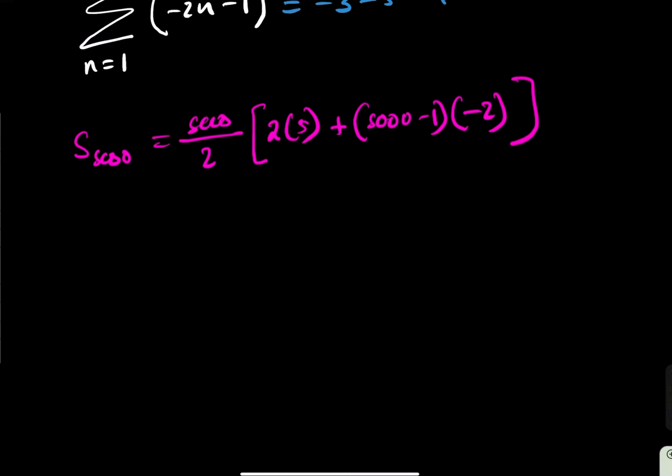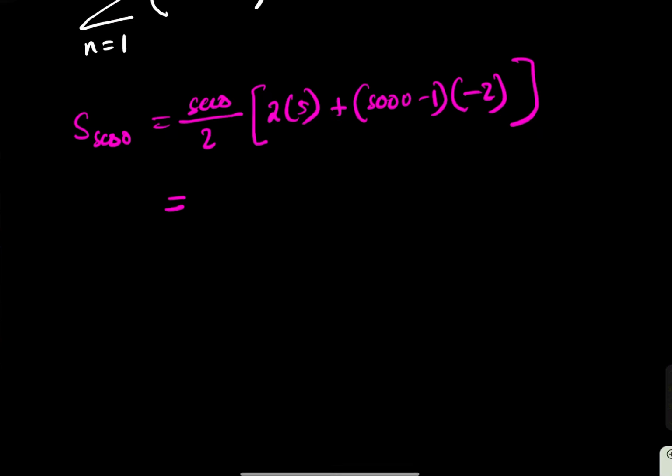Let's get the value of this one. I'm just going to use my calculator. It's 5,000 divided by 2, which is 2,500, times 10 plus 4,999 times negative 2, and then this multiplied by that. This should be a positive.